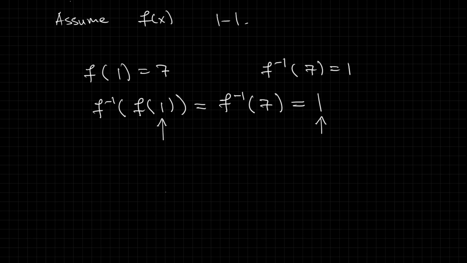Let's imagine that for some different input, the output was 7. So for example, what if f of pi was equal to 7? Well, what that would mean for the inverse is that f inverse of 7 would not be equal to 1 anymore. It would be equal to pi.